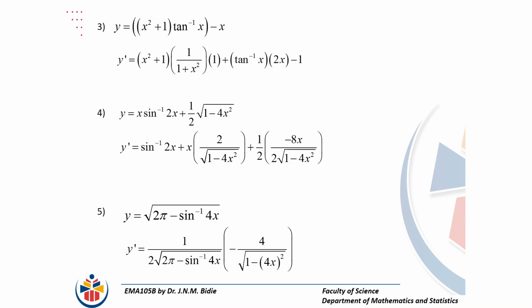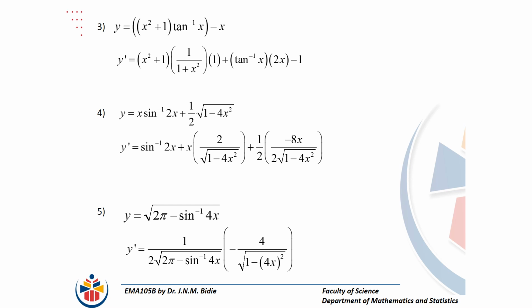Then, as the first term answer, plus, we take down x and find the derivative of arcsine of 2x. Remember that you have to have the derivative of 2x in your numerator, which is 2. So it's 2 divided by the square root of 1 minus 4x squared.